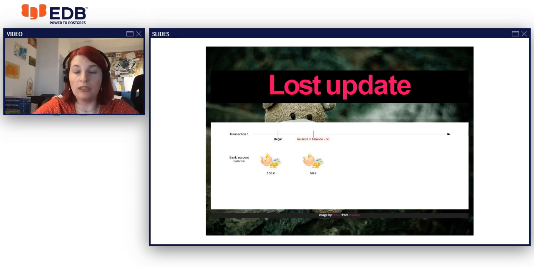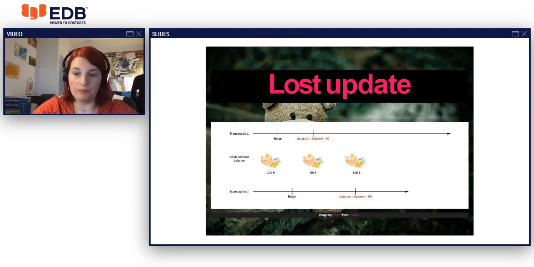bank account. So now your bank account is 50 euros. But now let's assume that there is another transaction that will try to retrieve another 50 euros from the bank account. And it does balance equals balance minus 50.